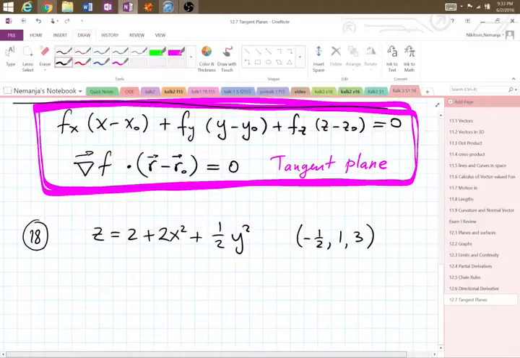One more time, I'm going to paint the picture for you. This is a three-dimensional object, and this is the tangent plane. In mathematics, we use the word kisses if they touch at exactly one point. So the tangent plane kisses the surface at exactly the point, and that's going to be our (-1/2, 1, 3). So that would be the tangent plane in this case.